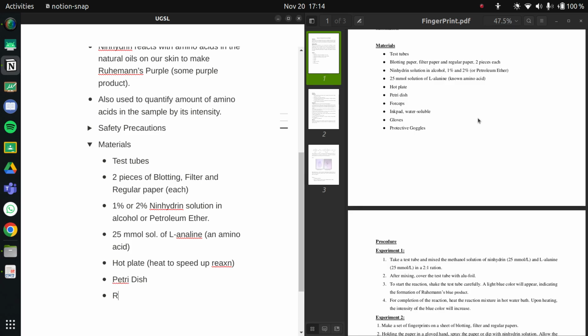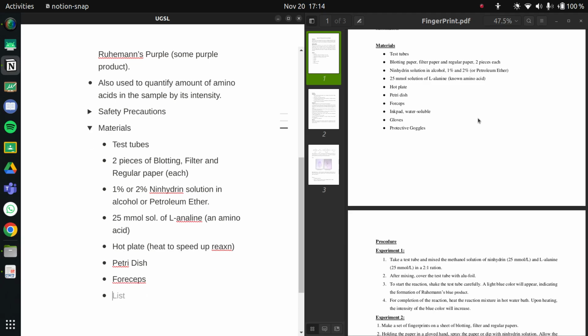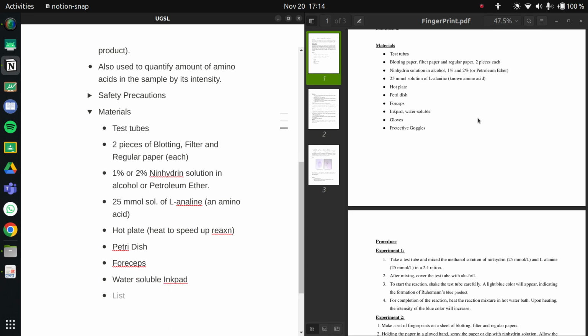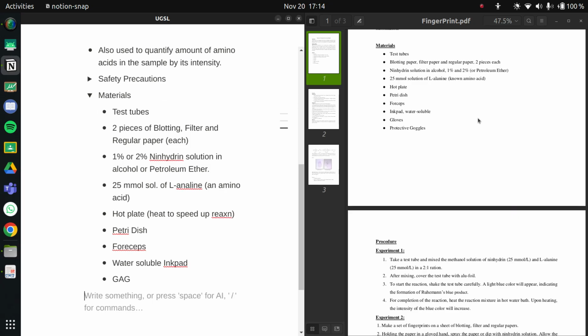Forceps. Ink pad, water soluble. What's an ink pad? Oh, obviously an ink pad. So it's a water soluble ink pad. Well, we don't know why, but sure. Gloves, protection goggles. Gloves, aprons, goggles. I like this.